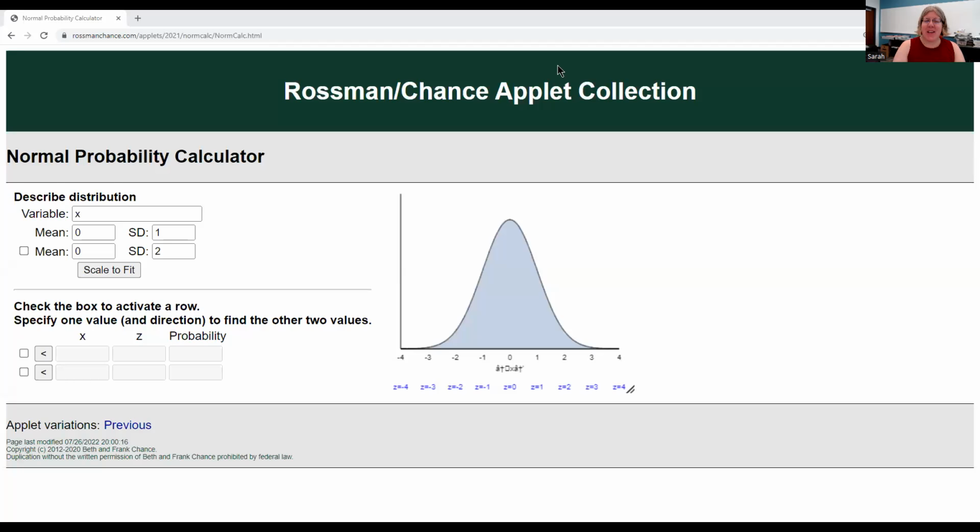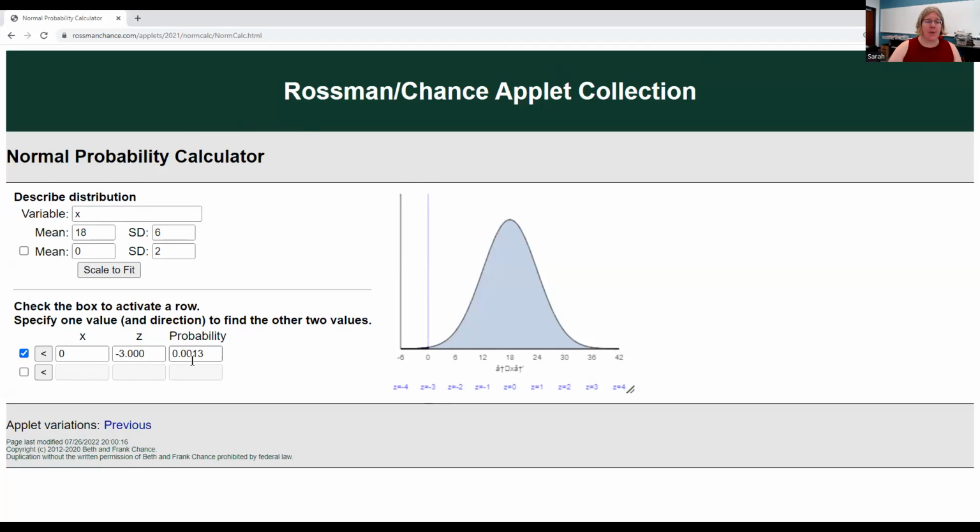All right, so hopefully you gave these a try. Let's go ahead and go through the answers together. So the problem says the scores on an aptitude test are normally distributed with a mean of 18 and a standard deviation of 6. So I'm going to go ahead and put that here in the app, and we will scale to fit so that it'll draw it out for us. And then we're interested in the lower 10%.